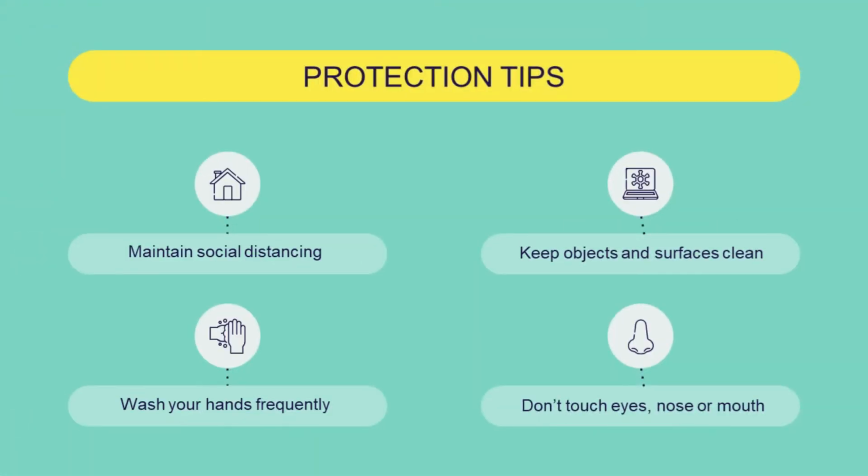And remember all these tips. Make sure you maintain social or physical distancing. Make sure you keep objects and surfaces clean. And don't forget to wash your hands frequently, especially when you have just arrived from outside. And remember not to touch your eyes, nose, or mouth when your hands are dirty.